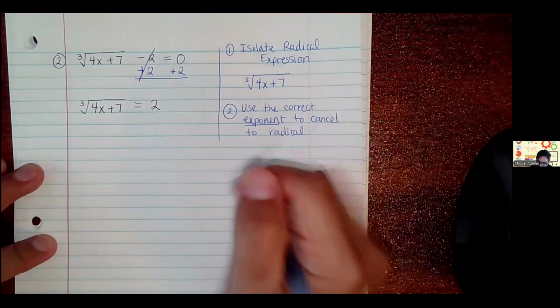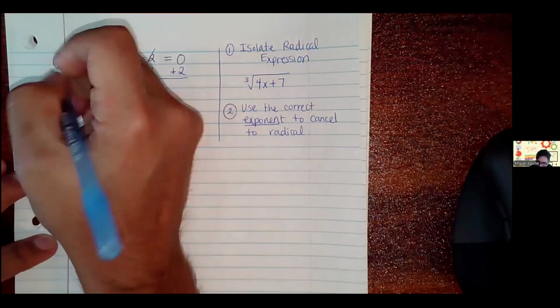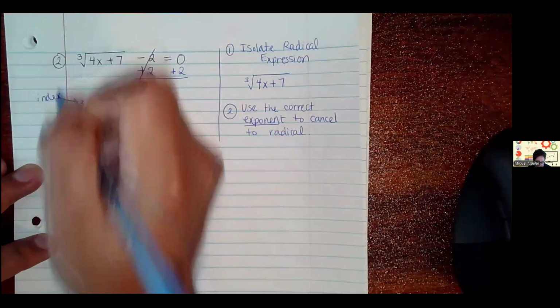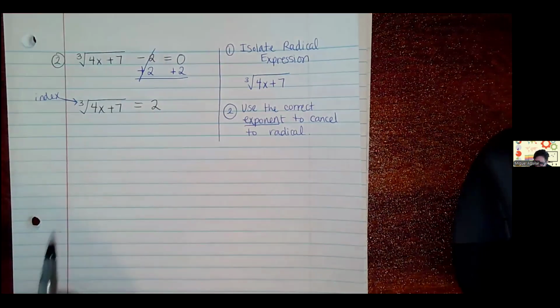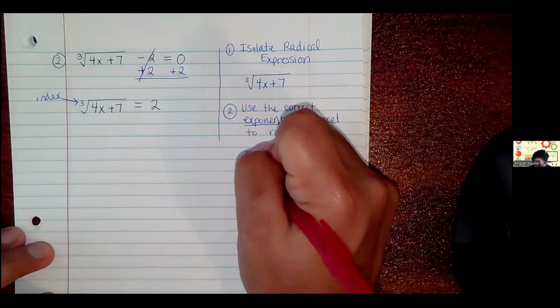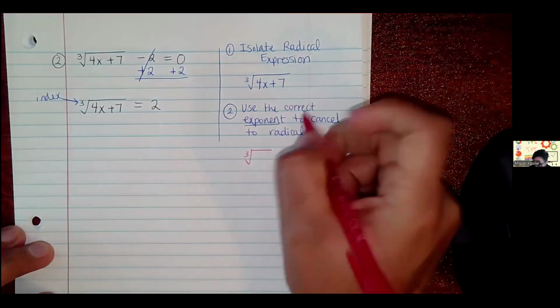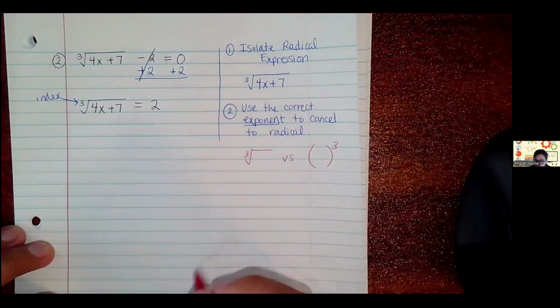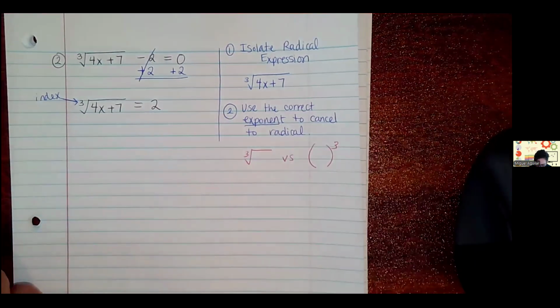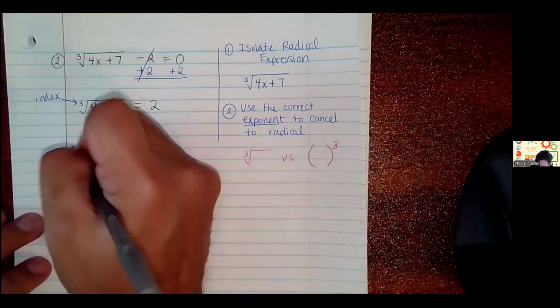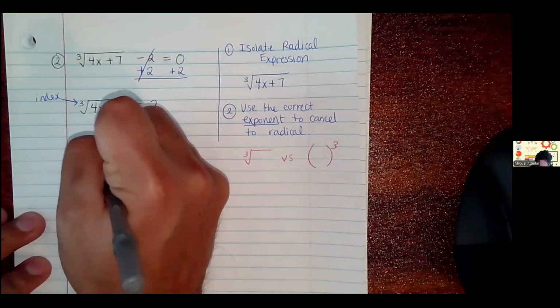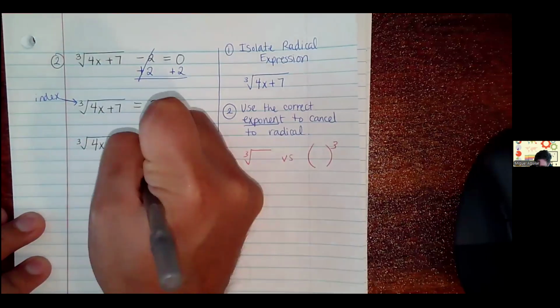Notice that we have an index of 3 for this radical expression, okay? So that tells me that to cancel out the cube root, I'm going to have to use the third power, okay? So let me go ahead and rewrite this problem. We have the cube root of 4x plus 7 equals 2.